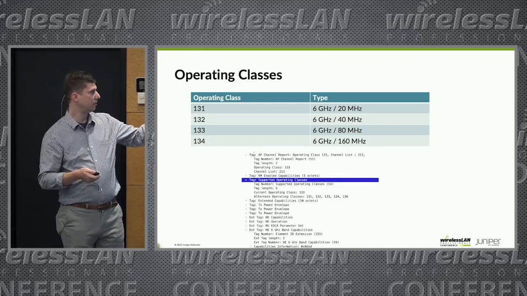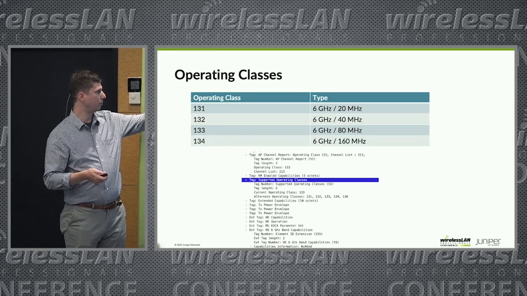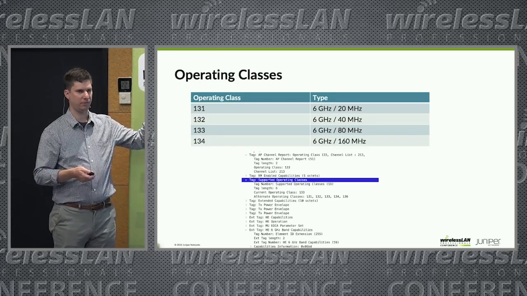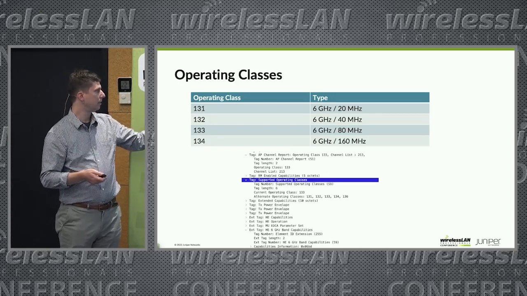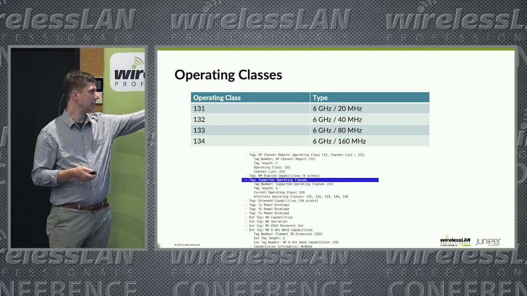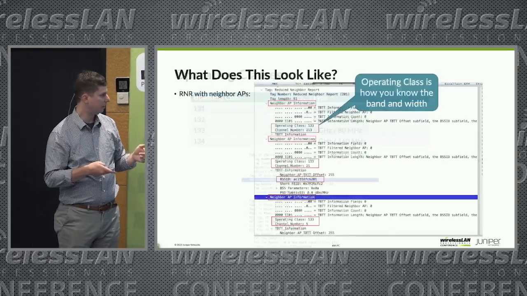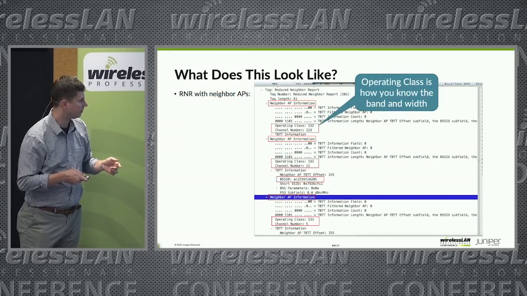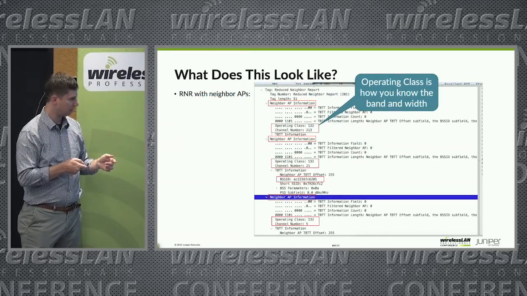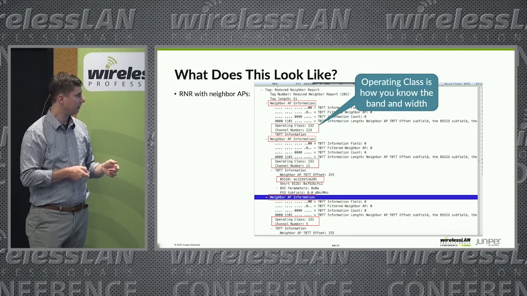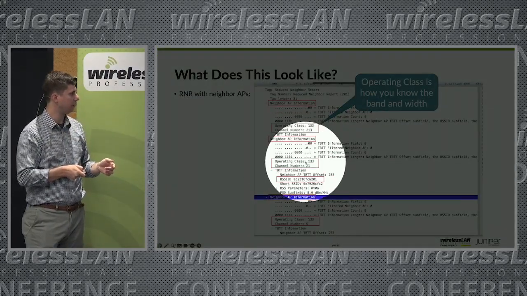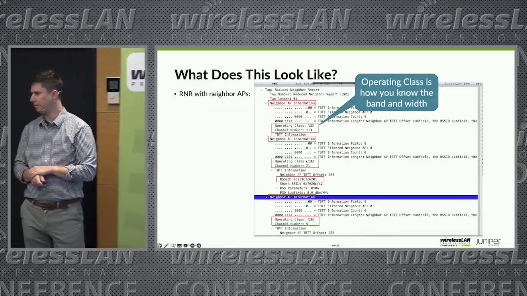And so the 6 gig operating classes are 131 through 134. There's actually a few more, but these are the important ones. So 133 is 6 gig, 80 megahertz. If you see 133, here's 133, that means 6 gig, 80 megahertz.